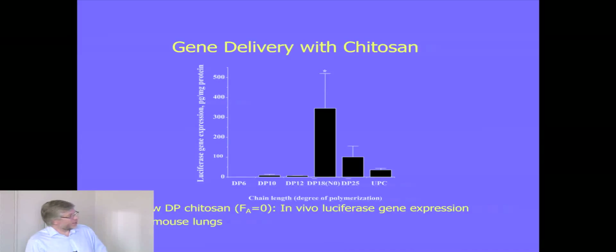And we discovered that this is UPC, ultra pure chitosan, high molecular weight, has a certain effect, but the short DP25 and DP about 18 had a big effect, and then for even shorter fragments, there was no effect at all. So a very different situation. It is a medium-sized chain that is most effective.